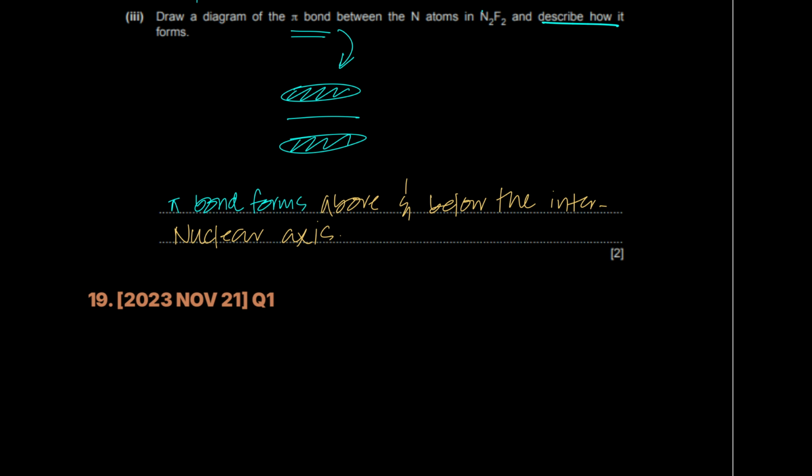English, can you fix my English, please? Pi bond forms above and below the internuclear axis with a sideways overlap. Overlap of what? Of the p orbitals. Here you go, examiner.